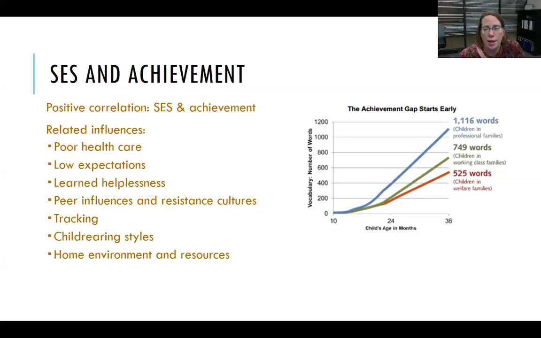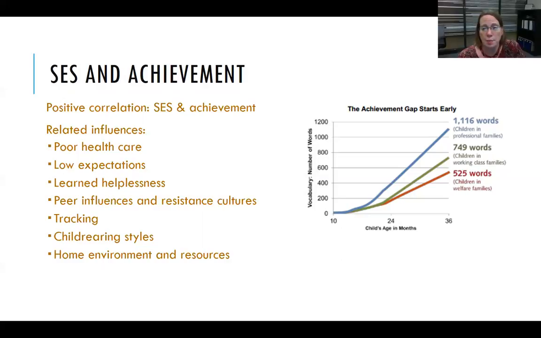Child rearing styles. So whether your parents are authoritarian, authoritative, or permissive can have an influence. I haven't looked at the studies on this. I am assuming that where this is coming from is the belief that those in the lower socioeconomic statuses would have leaned towards permissive or neglectful styles of parenting.